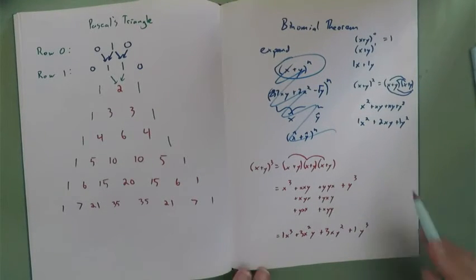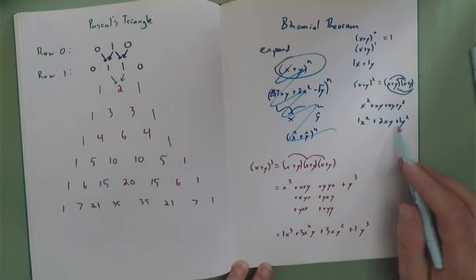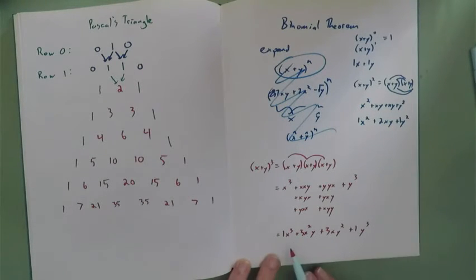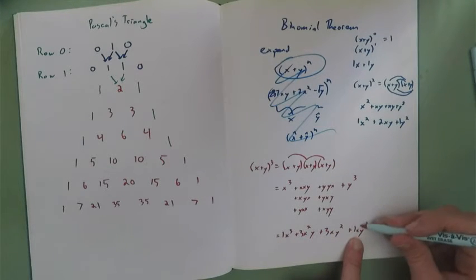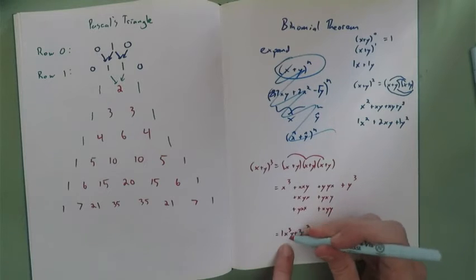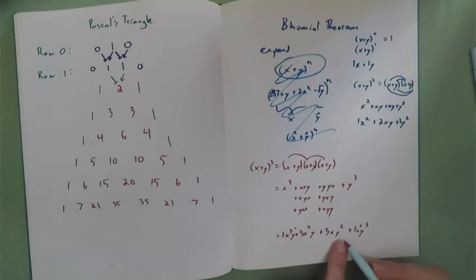Now here's that other pattern, right? We had x squared, xy, y squared. Now we've got x cubed, x squared, x to the 1, x to the 0. Y to the 0, y to the 1, y to the 2, y to the 3.